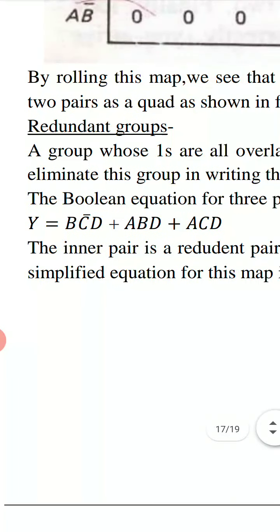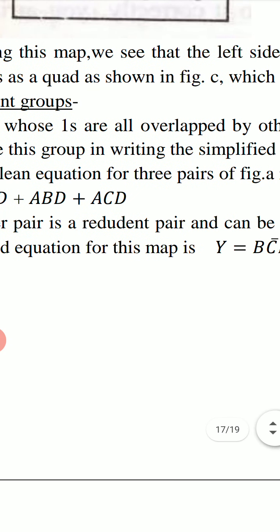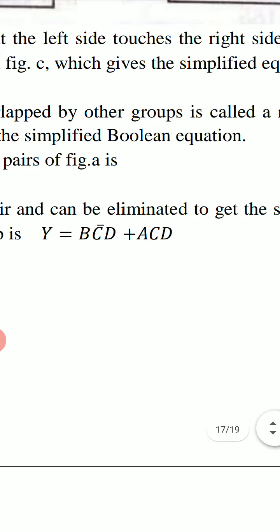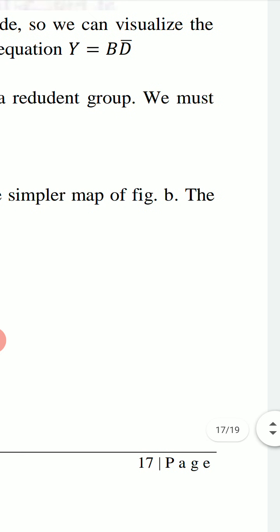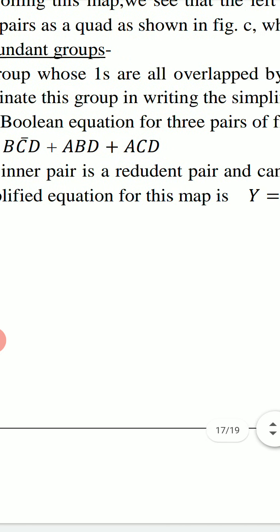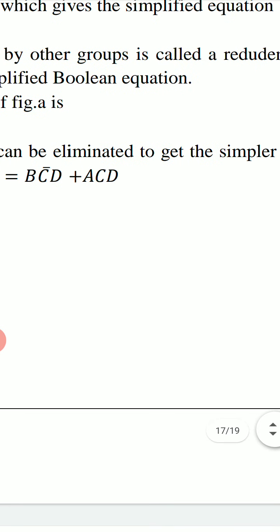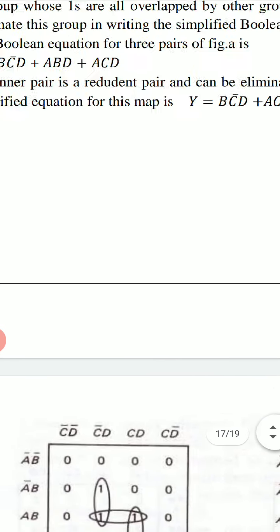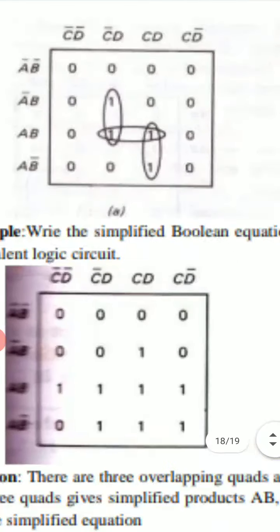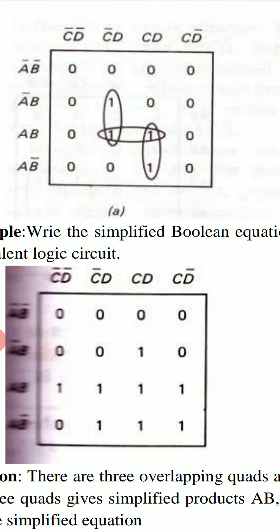Next is redundant groups. A group whose ones are all overlapped by other groups is called a redundant group. We must eliminate this group in writing the simplified Boolean equation. If we have this Karnaugh map, there are two pairs in left and right, and in the middle we also form a pair by overlapping.